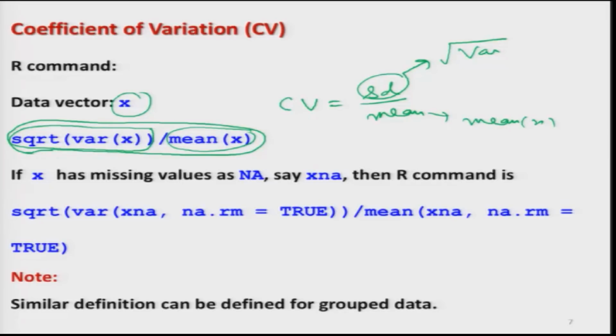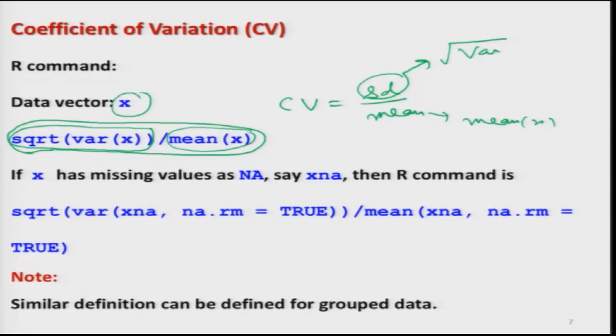Now, if I ask you how you would compute the coefficient of variation in case the data is missing, it is very simple. We already have learned how to compute the standard deviation when the data is missing, and we also have learned how to compute the arithmetic mean when the data is missing. So, you simply have to use the same syntaxes, same functions, and write down the syntax for computing the coefficient of variation. If you recall what we had done earlier, suppose my data vector x has some missing values which are denoted by NA, and I am denoting this data vector as xna.